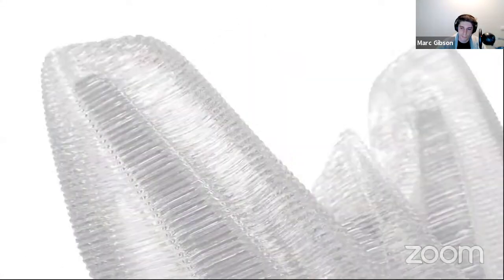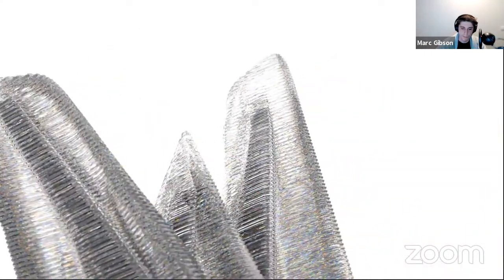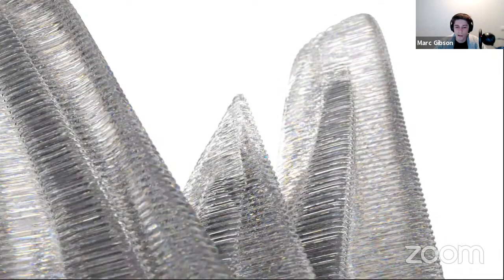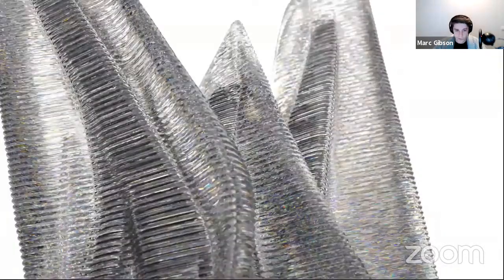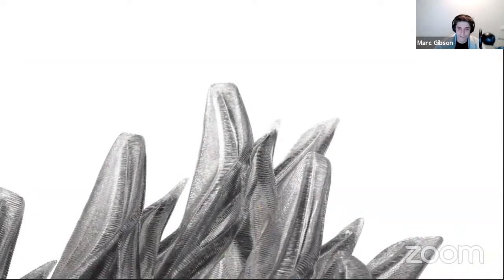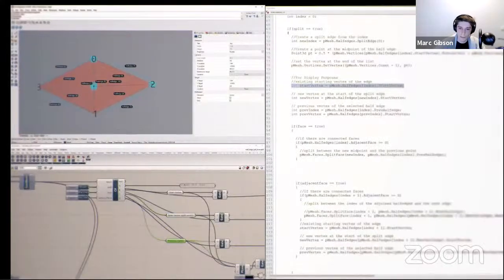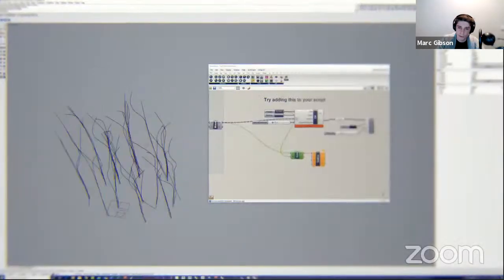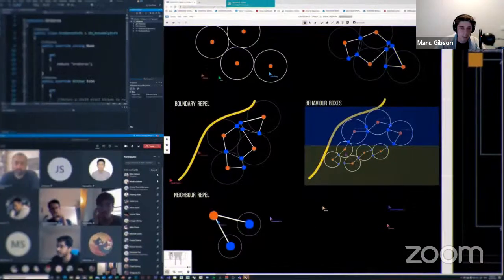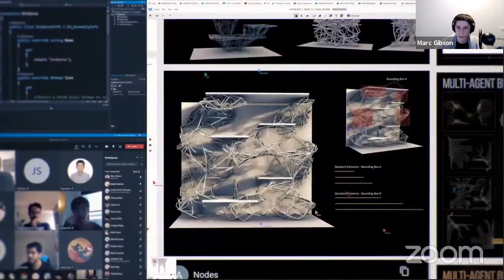So in terms of the layering of multiple aesthetics, but also functional qualities like structure and functional aesthetics. With all of these layers of complexity, it obviously adds challenges to the design and resolution process. So when I'm developing a series of tools, I come in either at the early stage or a late stage of a project, and I work collaboratively with the talented team at the Tectonic Formation Lab.